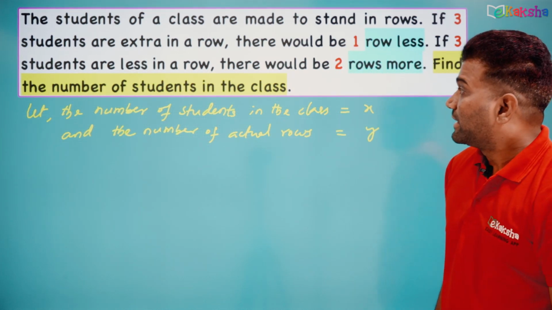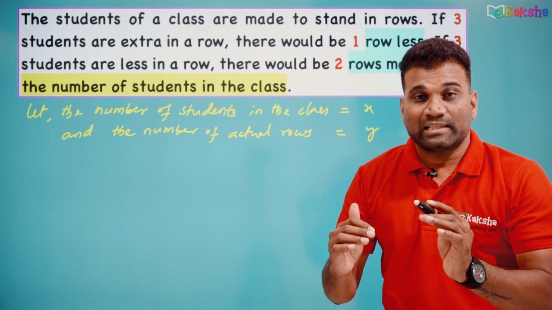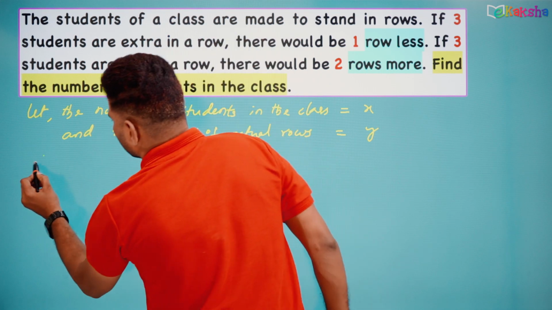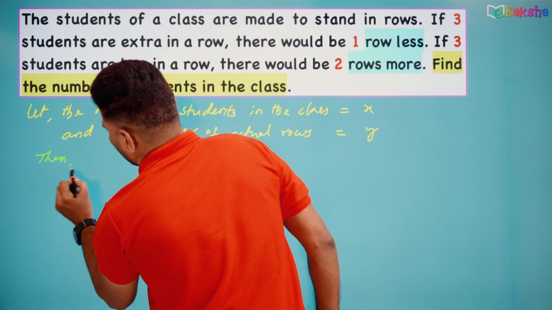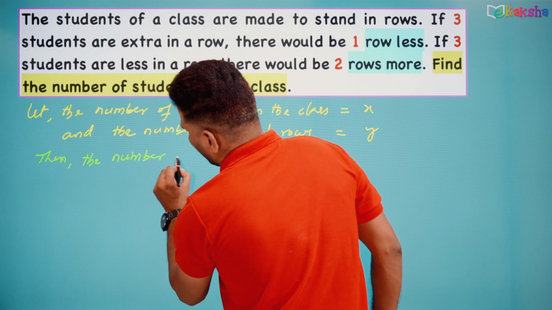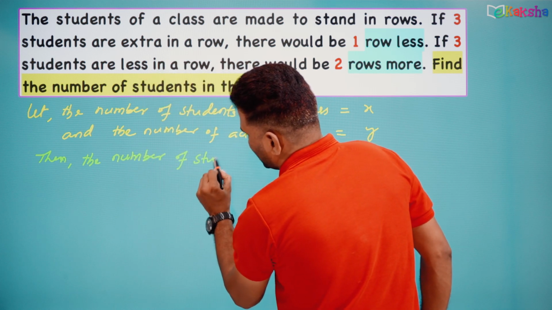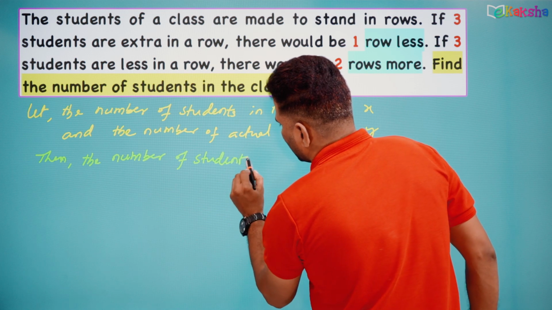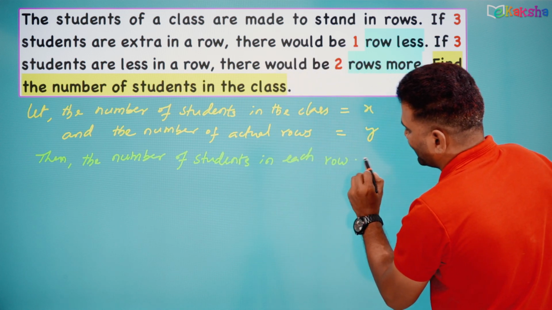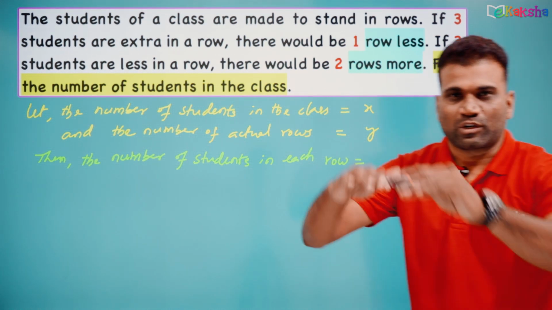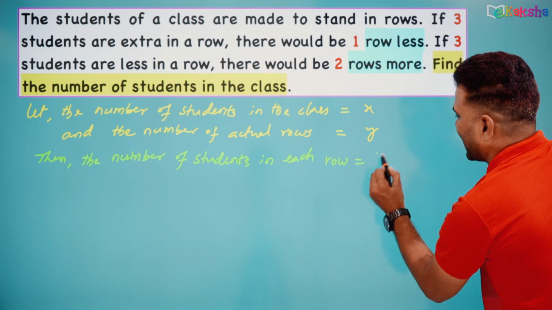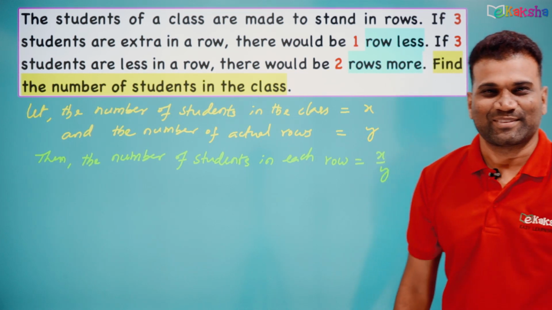Then how many students are there in each row actually? The number of students in each row is equal to total students upon number of rows, that is x upon y, right?